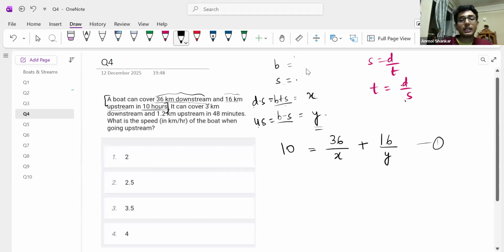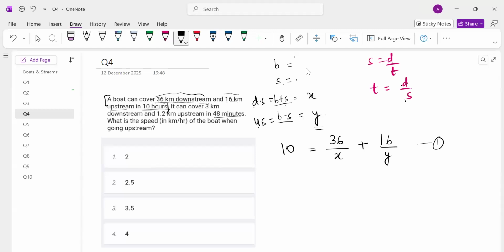Similarly, the second equation. 48 minutes we have to convert to hours, which is 4 by 5.